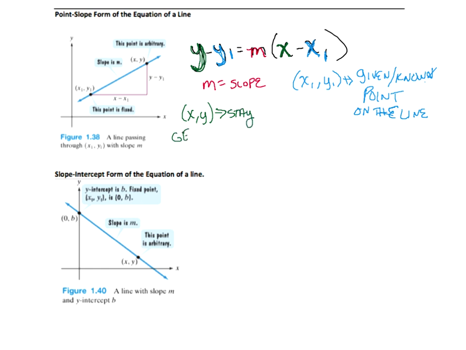That's where you generate points for your XY table. So you have to have a place to plug in and get y values out so that you can generate points on your line. So that green XY, that's going to stay there. And that's the XY that shows up in slope-intercept form.